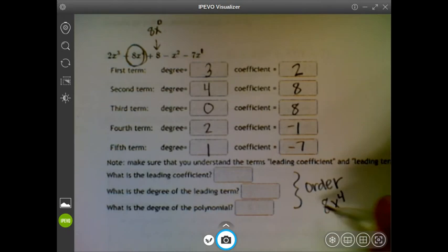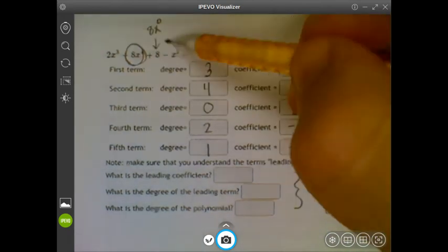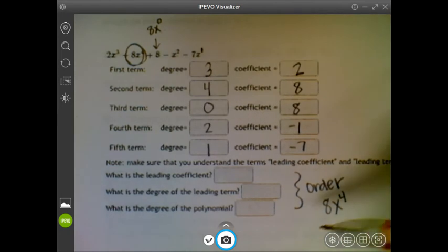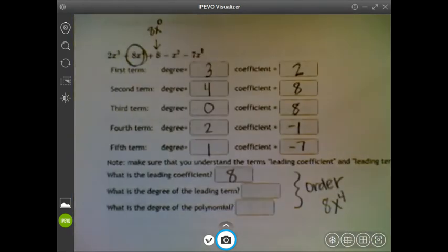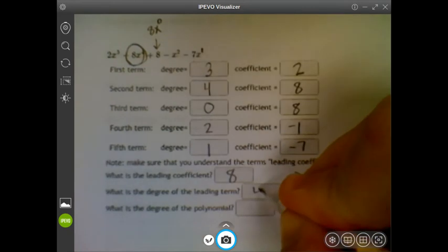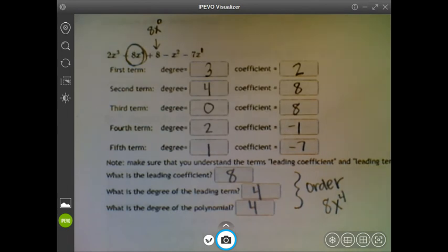All of this information comes from that term with the highest power. The other powers are impacting this, but the x to the 4th is having the most impact on this polynomial. So the leading coefficient is going to be 8. The degree of the leading term is 4, which means the degree of the polynomial is 4.